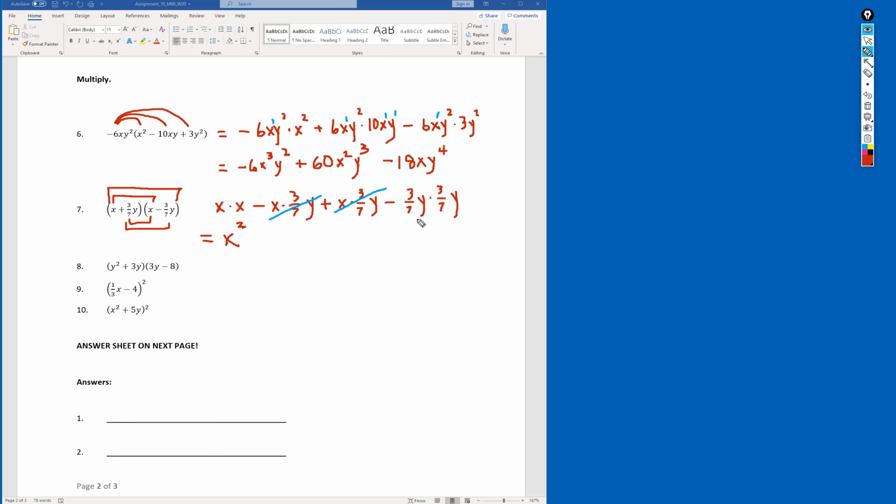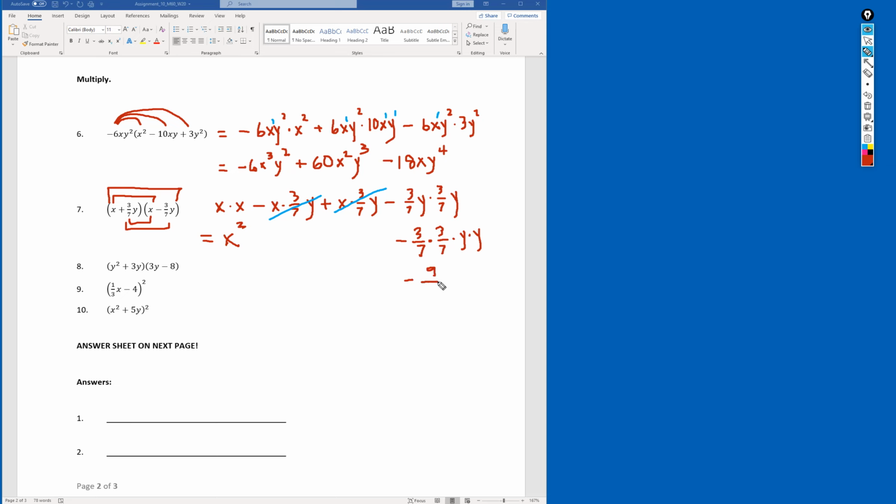Let's just rewrite this because I could see some people getting confused. We could just move the terms around. So this is like minus 3/7 times 3/7 times y times y. When you multiply fractions, just multiply the tops. 3 times 3 is 9.